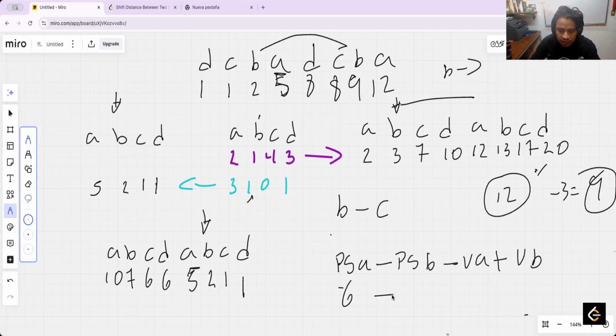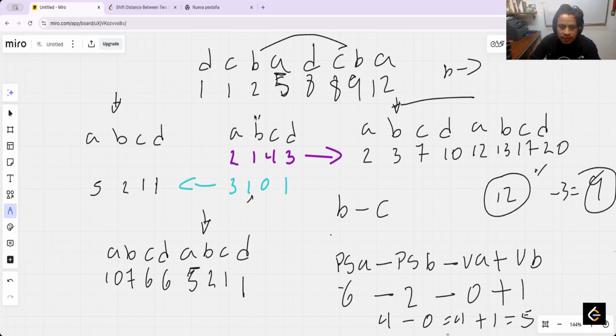C is 6 less 2 less the cost of C, is 0, plus the cost of B, is 1. 6 less 4 less 2 it's equal 4, less 0 it's equal 4, plus 1 it's equal 5. Let me check if we have the correct sum. Starting here and moving this direction the cost is 1. Now we are here to move to D is 3. Now we are here to move to the next is 1. Yeah, the total is 5. I think that is correct.